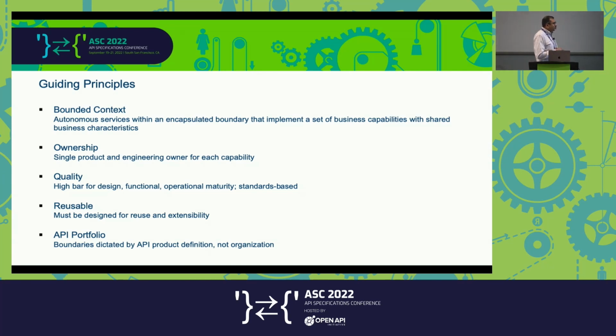So we need to make sure that is the case. In order to get this capability driven product approach to really take shape, we need to ensure that there is no fragmentation in terms of ownership of those business capabilities. So we need exactly one product and one engineering owner for each capability.